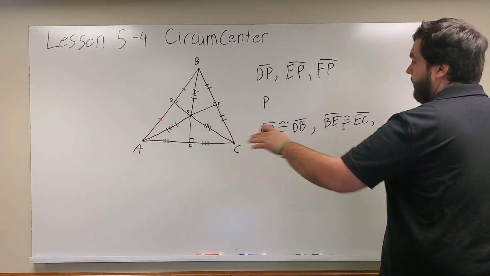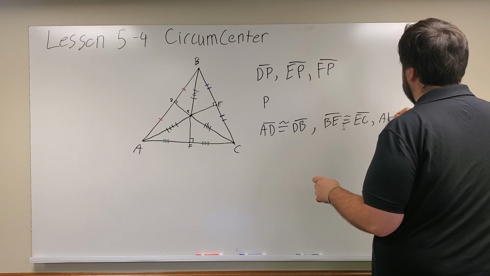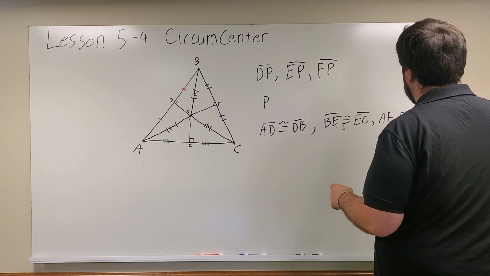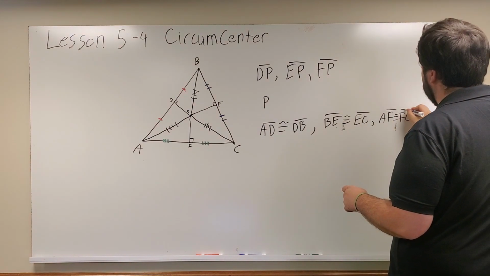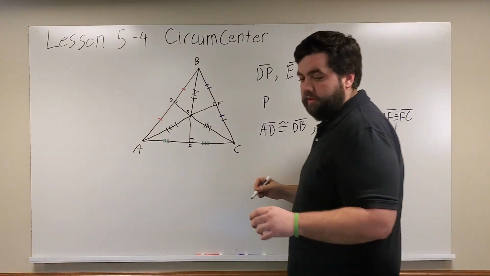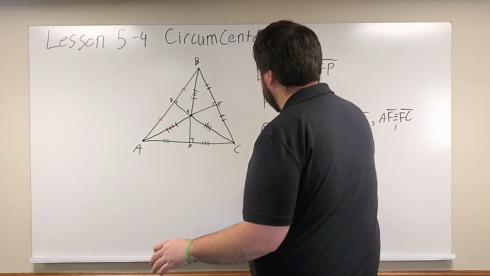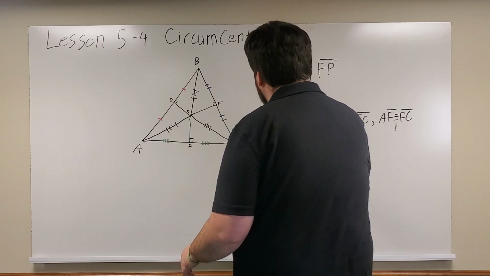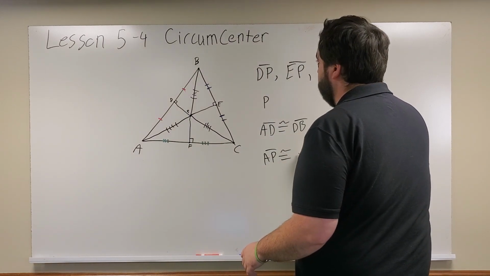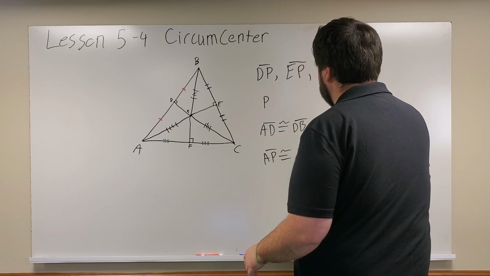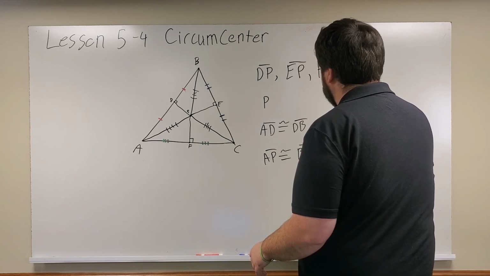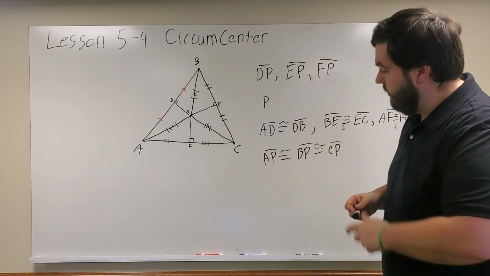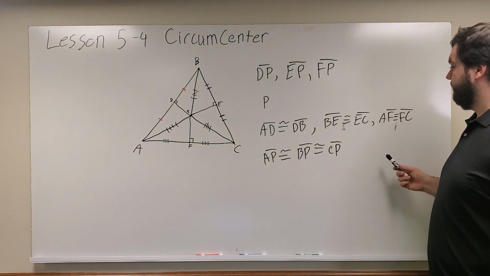We have AF congruent to FC. And then finally we have AP is congruent to BP, which is congruent to CP. Alright? So this is number 3.